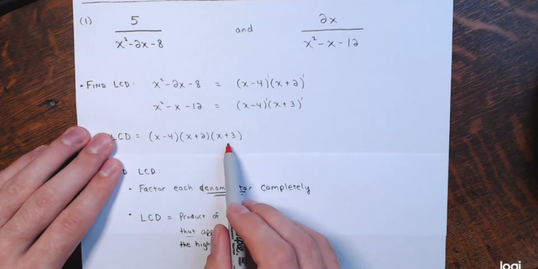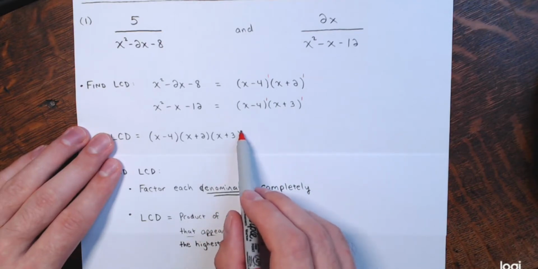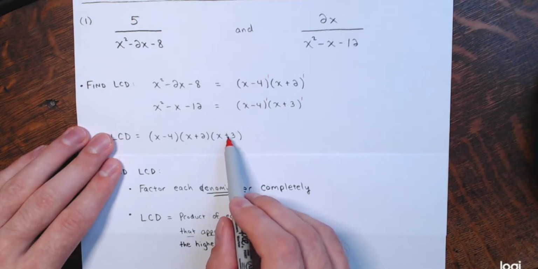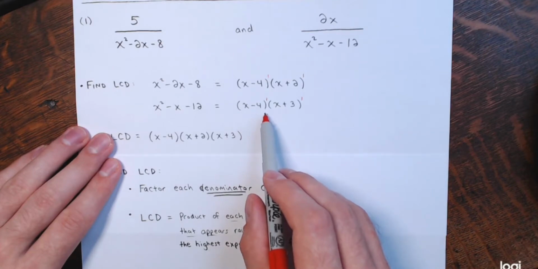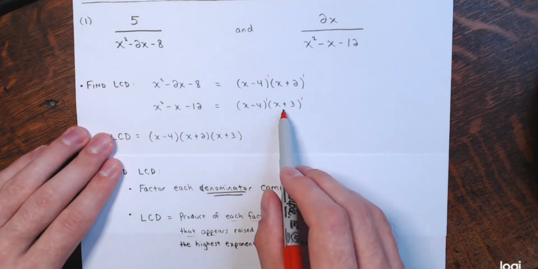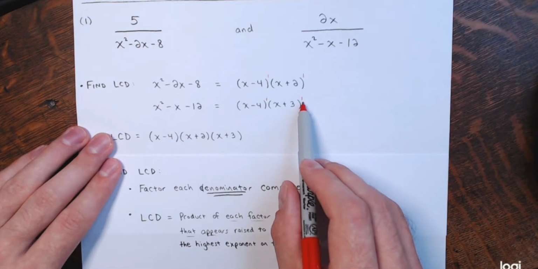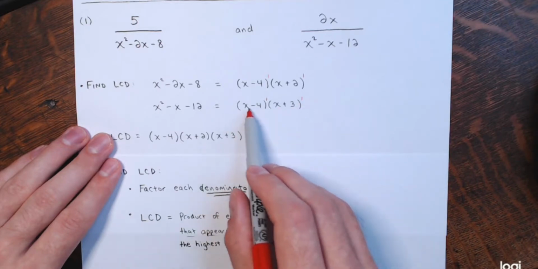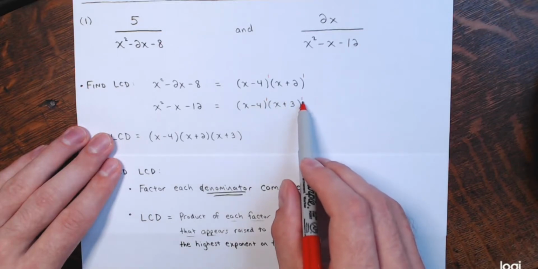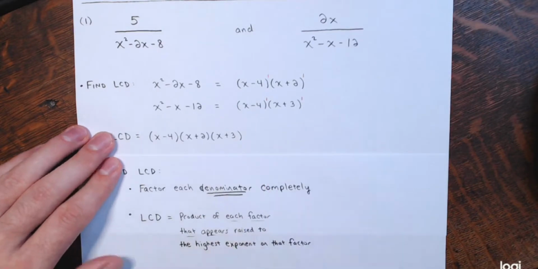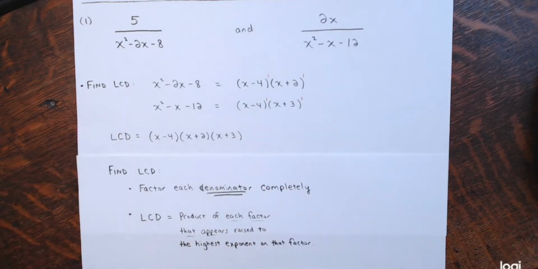And then x plus 3, the exponent on this will be the highest power on x plus 3 that we see in any of the factorizations of the denominators. I'm seeing x plus 3 to the 1, right? x plus 3 to the first in this factorization. And there's no x plus 3 up there, so the highest power on any of the x plus 3's is 1.